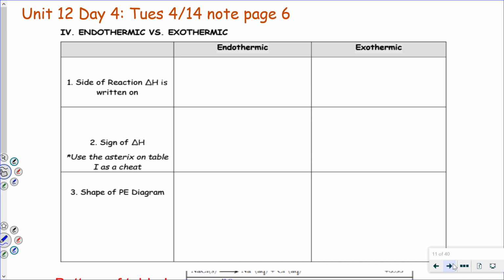At the top of page 6, we're going to start by looking at what side of the reaction our delta H, which remember is our heat of reaction, is going to be found on if something is endothermic versus exothermic. Remember, endothermic means that energy is absorbed or taken in.